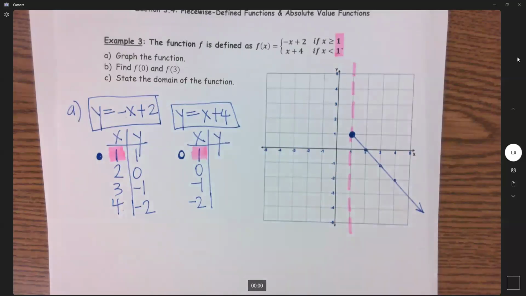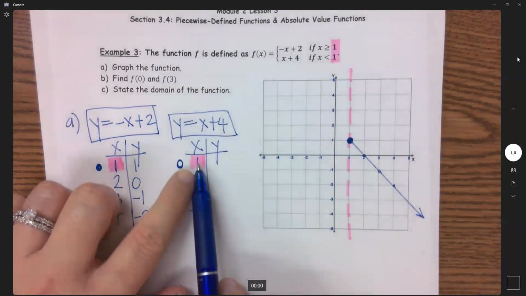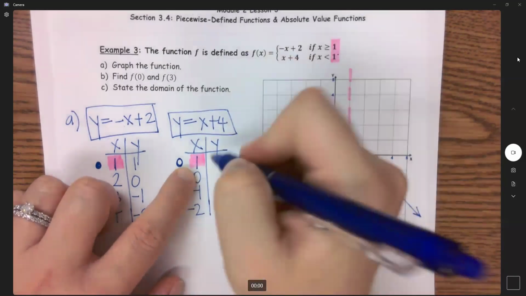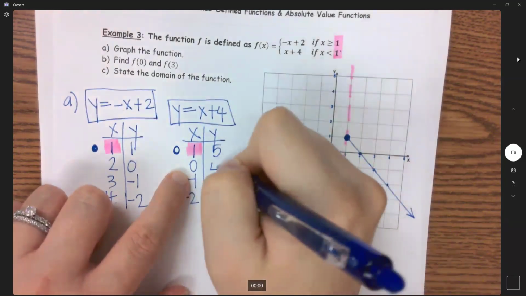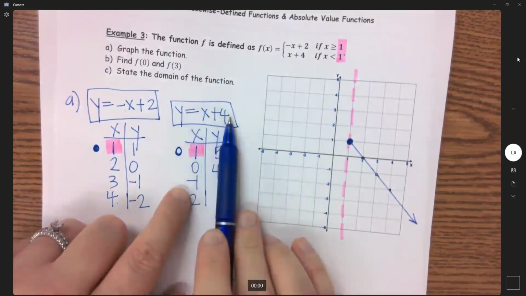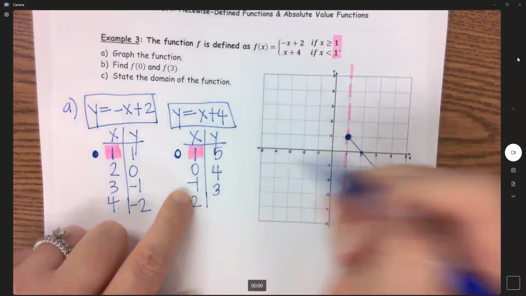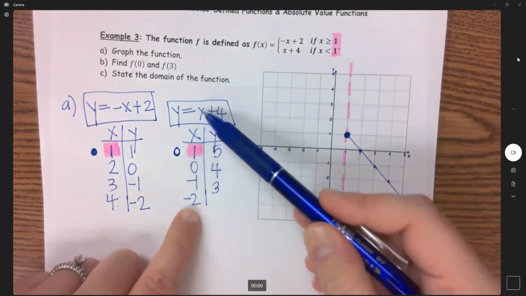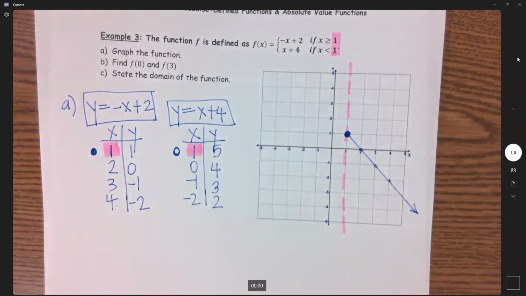I like a couple more in there just to make it nice and accurate. So plug these in. 1 plus 4 gives me 5. 0 plus 4 is 4. Negative 1 plus 4 is 3. And negative 2 plus 4 is 2.